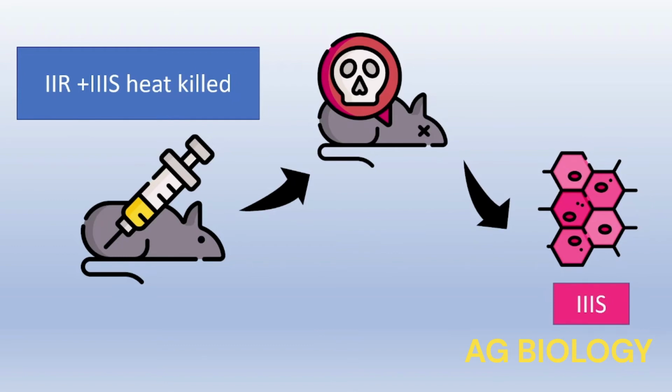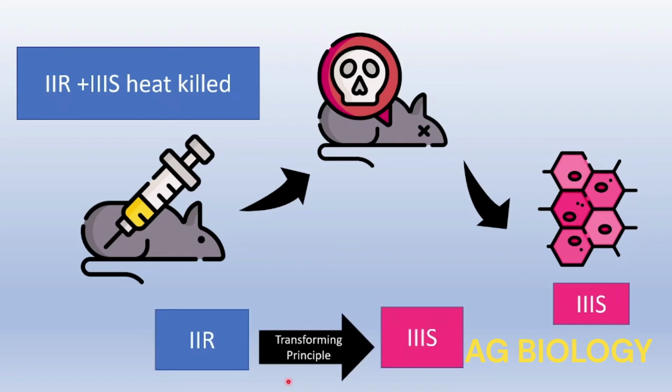What can we infer from this? The negative control, where we injected live type 2 R cells, didn't cause any illness, ruling out the possibility that avirulent type 2 R cells simply changed or mutated in the absence of heat-killed type 3 S cells. Griffith inferred that the heat-killed type 3 S cells and type 2 R live cells somehow interacted.